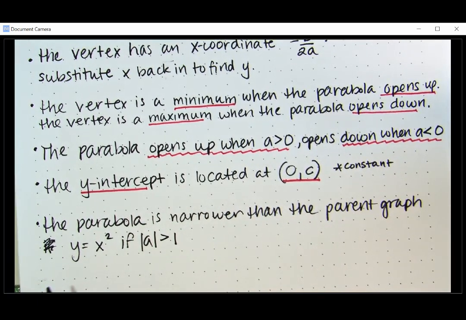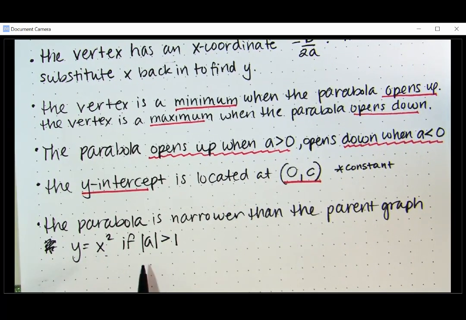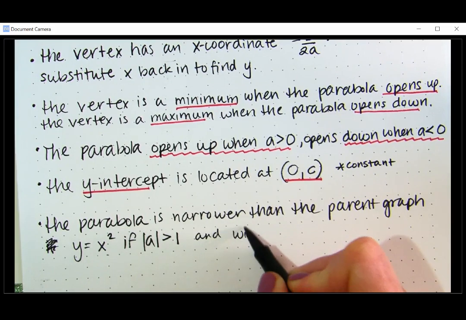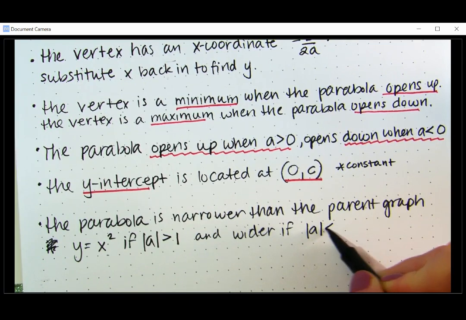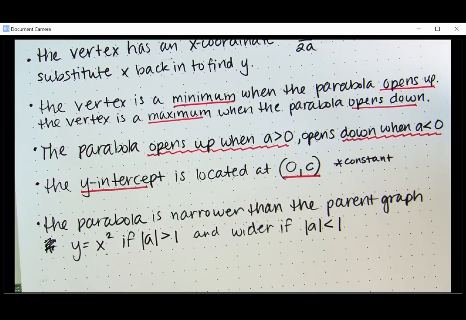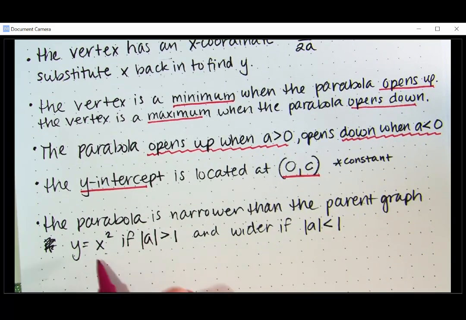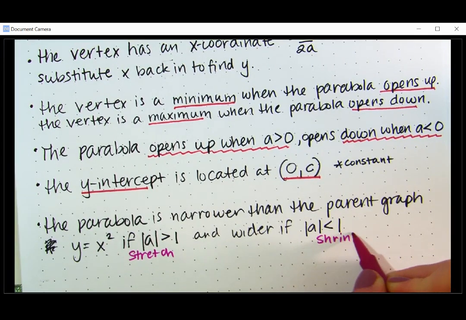So with quadratic functions, our parent function is y equals x squared. If the absolute value of a is greater than 1, it's narrower. It's wider if the absolute value of a is less than 1. So this would be considered a stretch, and this would be considered a shrink.